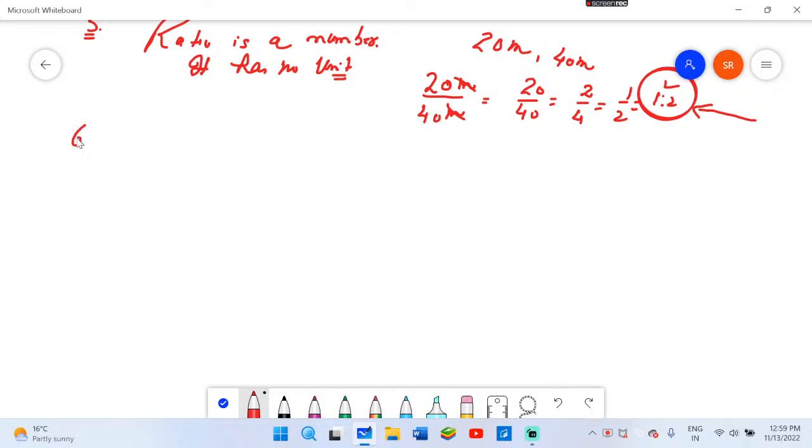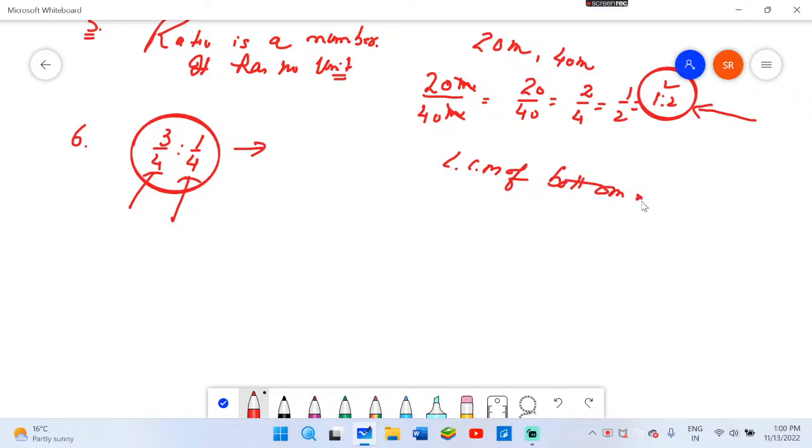One thing more you keep in mind, please. In case the terms of ratio are given as fractions, let us say 3 by 4 is to 1 by 4, we can convert them into whole number ratio by multiplying both the terms by LCM of bottom numbers.